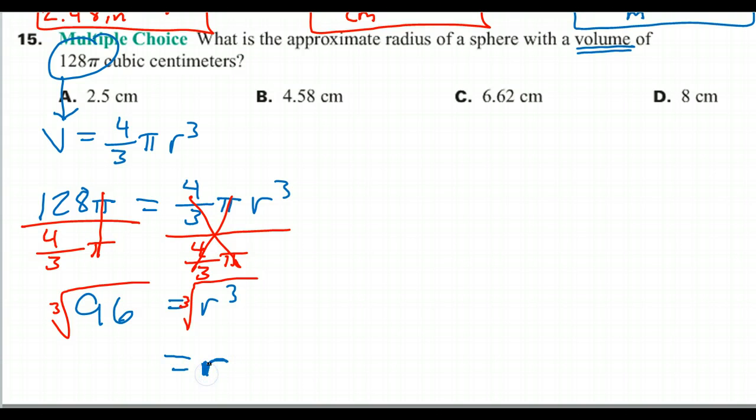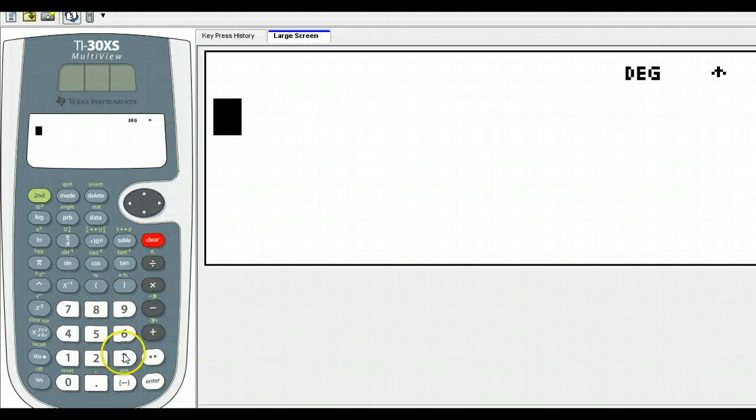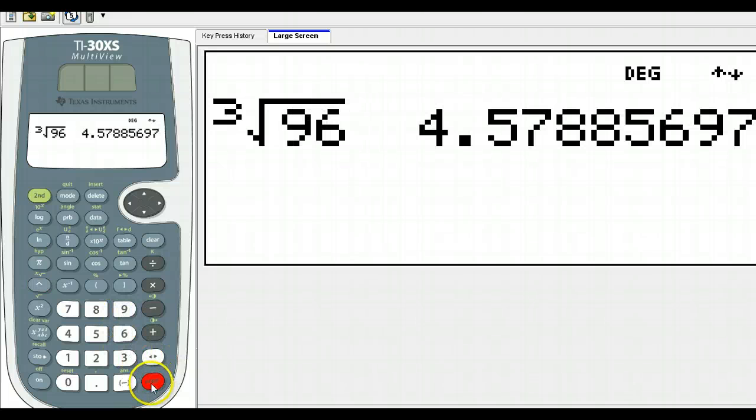So I just need to do the cube root of 96. Okay, one more time to do the cube root on the TI-30XS Multiview. You start by typing 3, and then you do the second caret to get at that x root business. And now I can just go ahead and type in the 96.